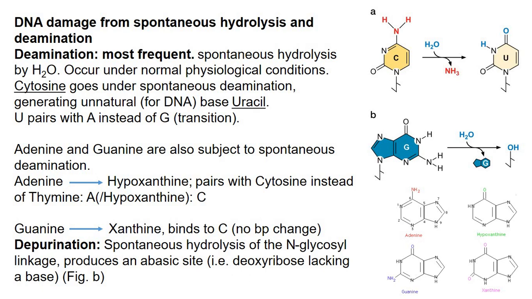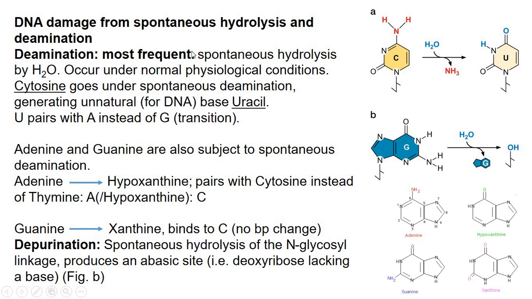So the cells are well aware of this problem, and they have a system in place to fix this sort of damage. We already talked about this: when cytosine gets deaminated, it generates uracil, which is unnatural for DNA. U pairs with A instead of G, which cytosine would pair with.